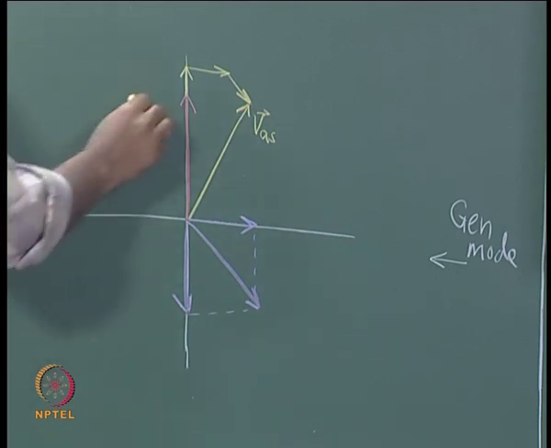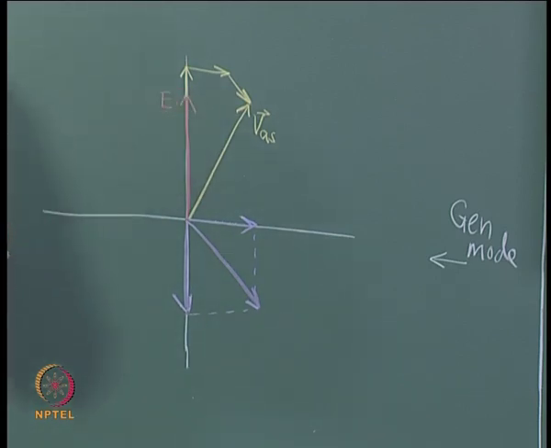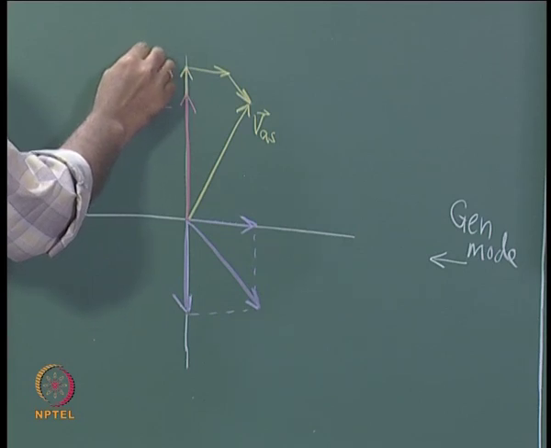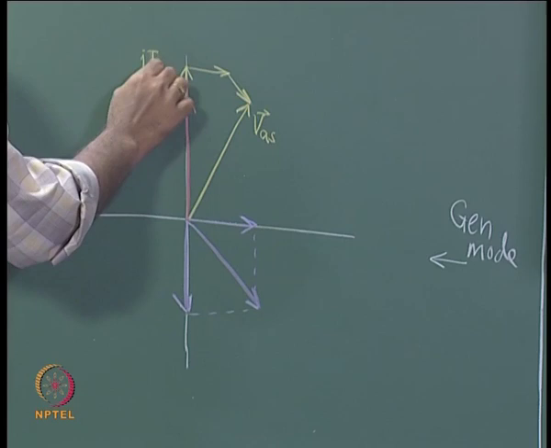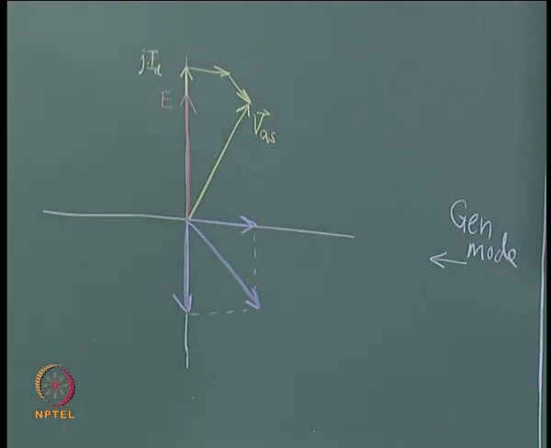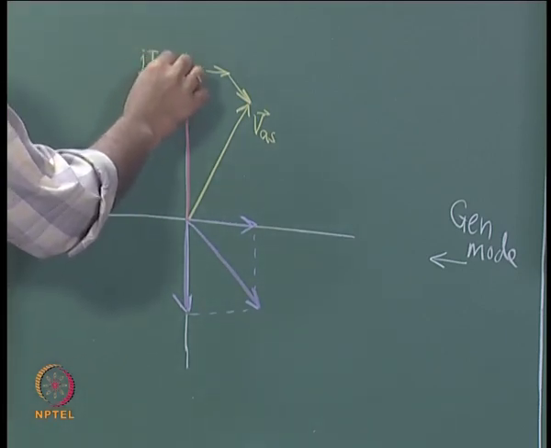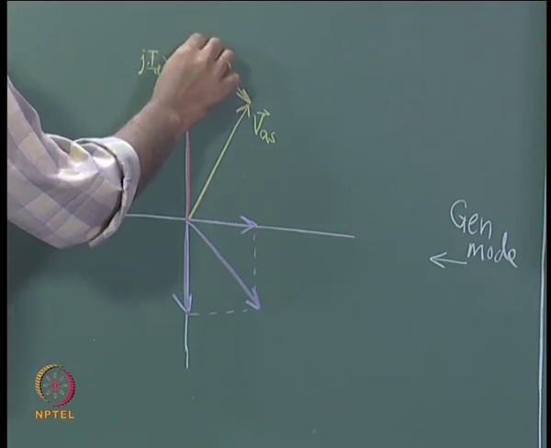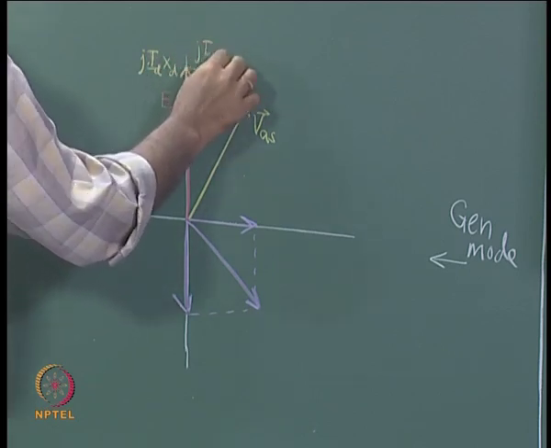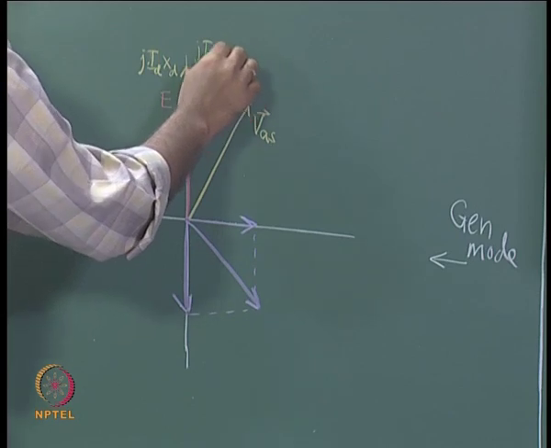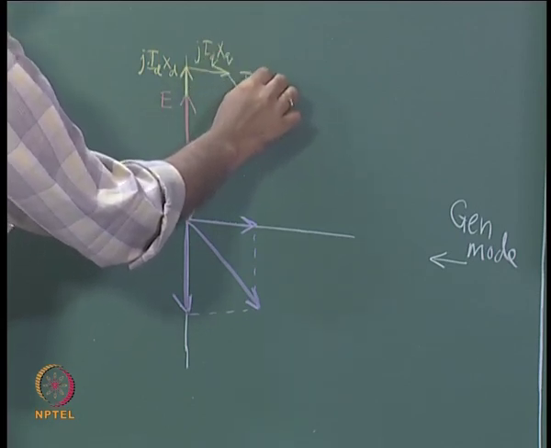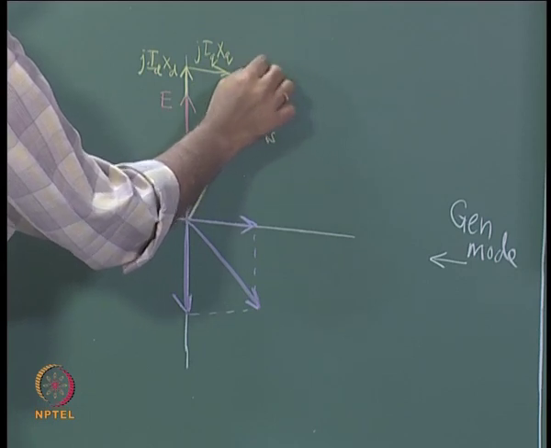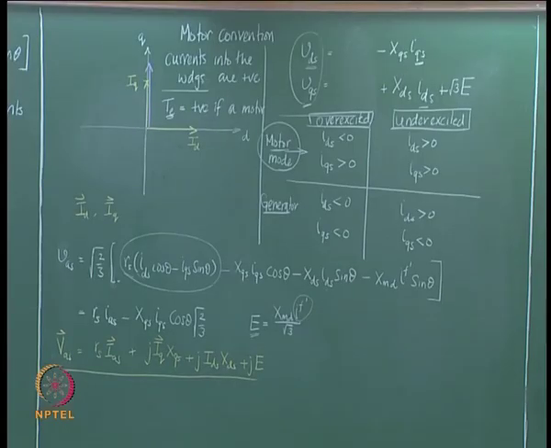So, this is E and this is J times ID multiplied by XD, this is J times IQ multiplied by XQ, and this is IA times RA. This is all phases.